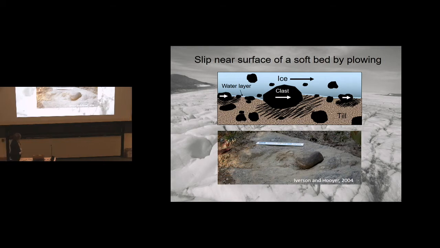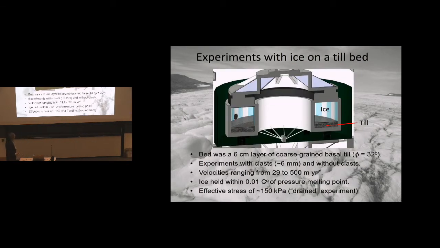scratched the larger clast. So I, for a long time, wanted to test this sort of model for what's going on at the ice-till interface. And once we had this device that I talked about earlier, we were able to do this. And again, this is work with Lucas Zoet. What we did is use this same device, only we took out the rigid bed and replaced it with till.